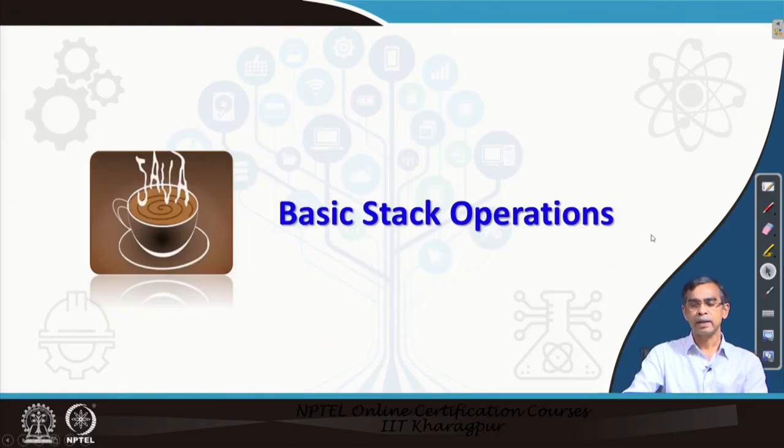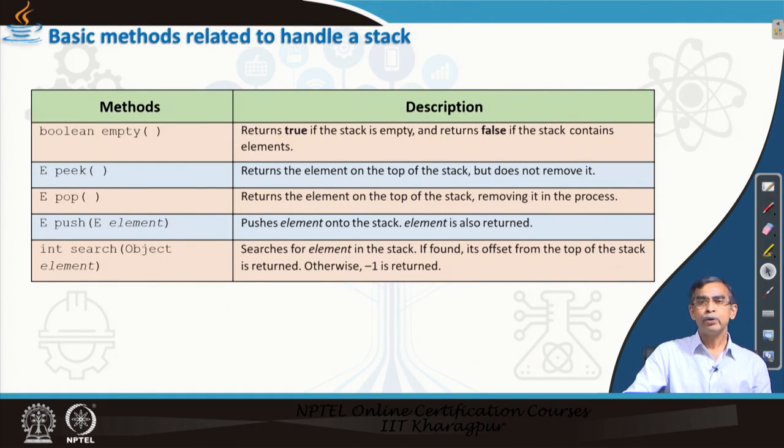Now, let us come to the discussion about basic stack operations. A few operations that you can apply to the stack object are listed here. Empty checks whether a stack is empty or not. Peek, as I told you, will just check the top item but will not remove it. The pop operation removes the item, push is insertion, and search is there.